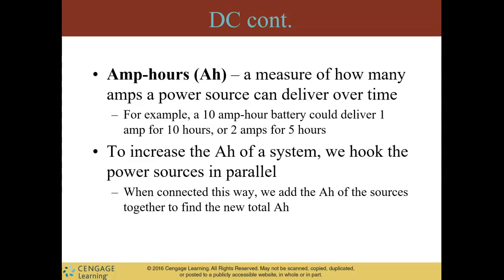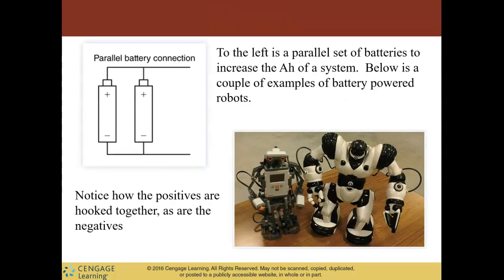If you need to increase the amp hours, one thing you can do is to wire batteries in parallel. So what does that mean? Well, essentially you can see here in the diagram that the circuit is connecting two batteries, but the circuit sort of splits and the electrons would be flowing through both of these batteries simultaneously.